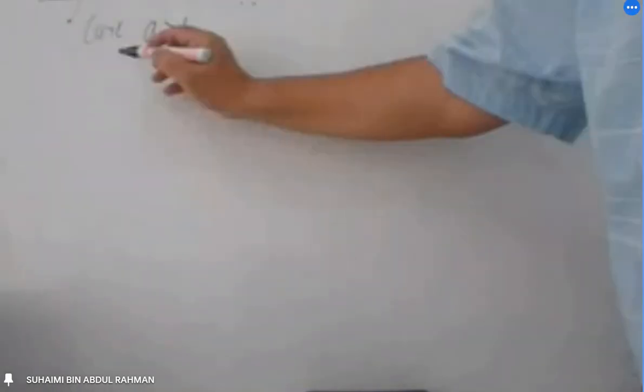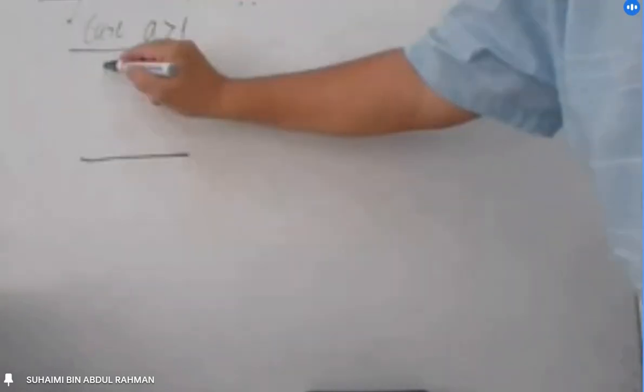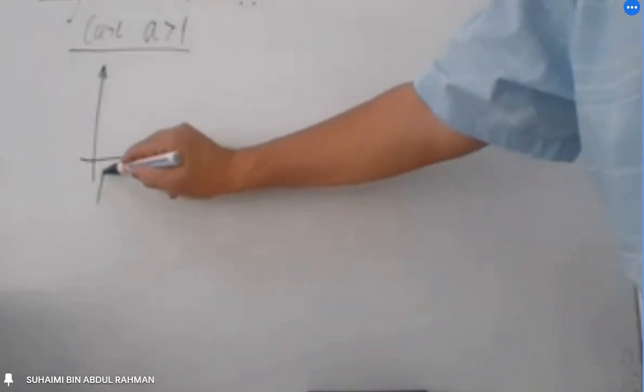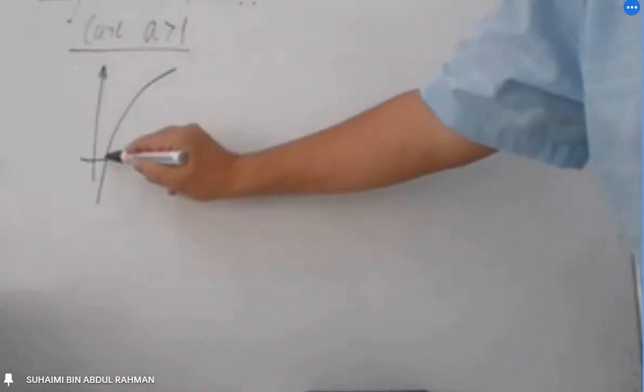Right. Unlike exponential functions, we have types of graphs. The same for logarithmic functions. For the case a greater than 1, the graph will be like this.